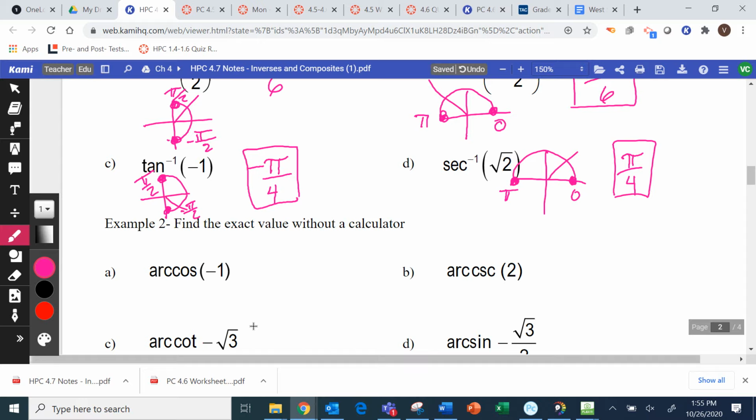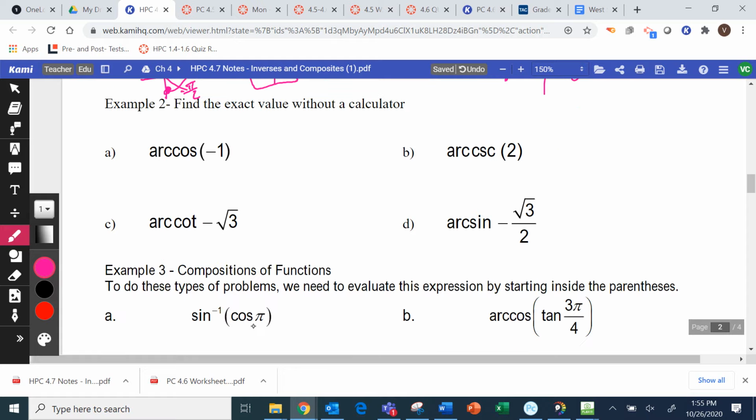Again, find the value without a calculator. These are the same questions. They're just written with arc cosine instead of cosine inverse. They are the exact same questions. So arc cosine, where is cosine between 0 and pi? Negative 1.